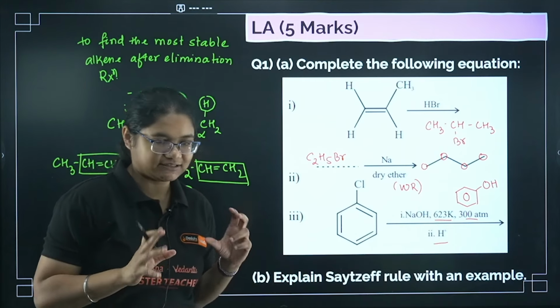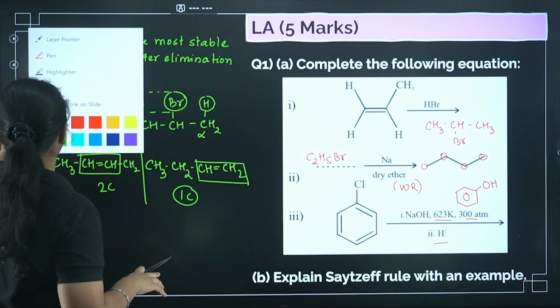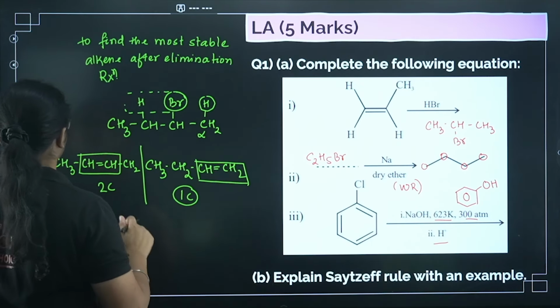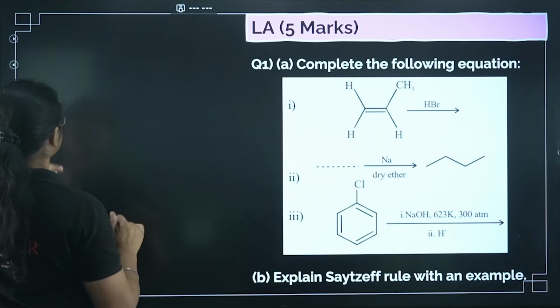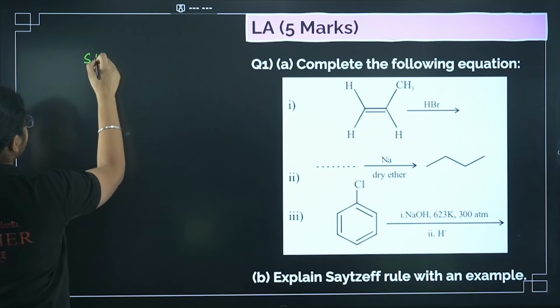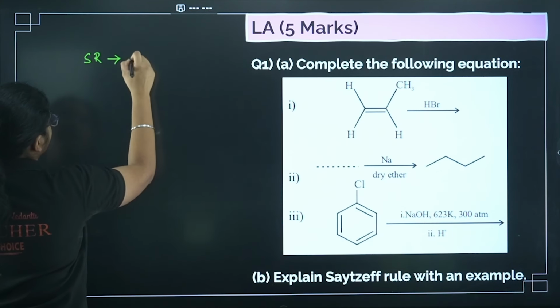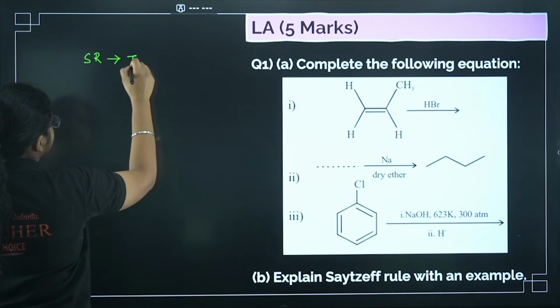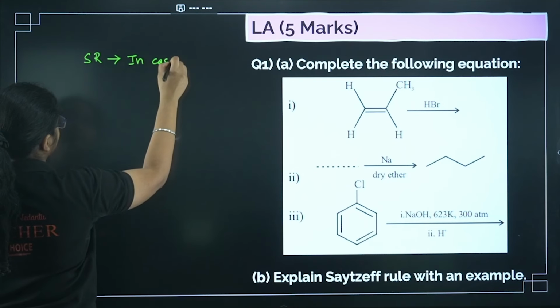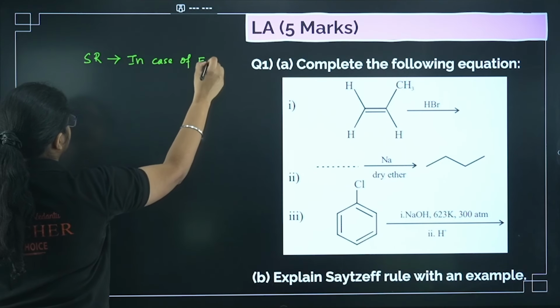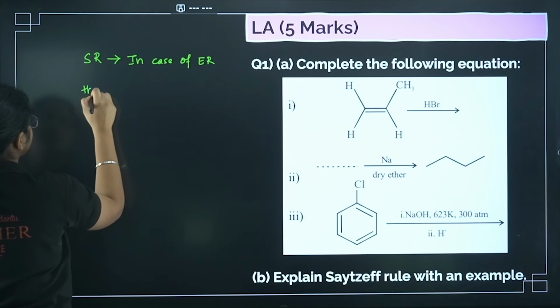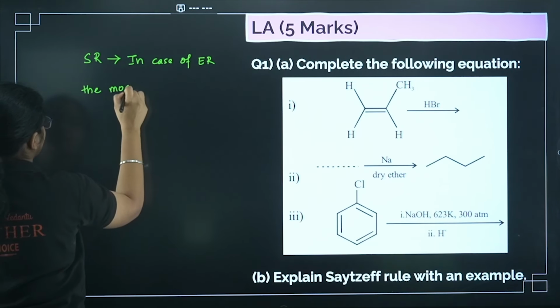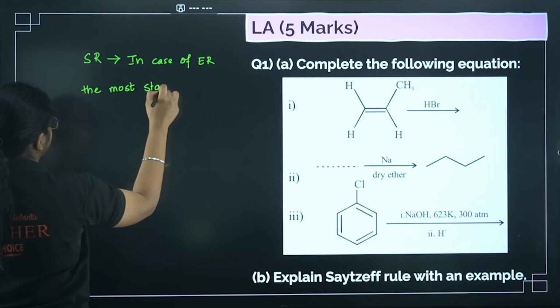So what is the rule now? Saytzeff rule, we can just write down what is the Saytzeff rule. I'll erase all this. See, Saytzeff rule says that in case of an elimination reaction, the most stable alkene is formed.